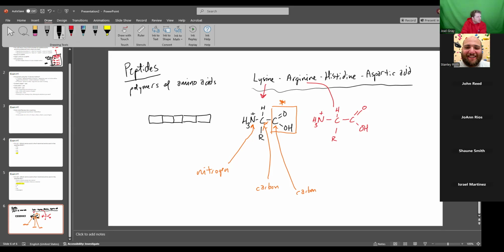So, let me go back. The groups that I've highlighted or put a box around in black and orange are going to undergo a chemical reaction with one another. That's a carboxyl functional group and an amino functional group. Now, I'm going to remove identifying nitrogen, carbon, and carbon.